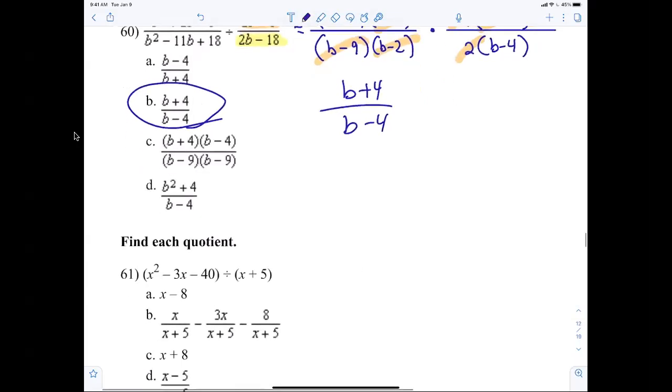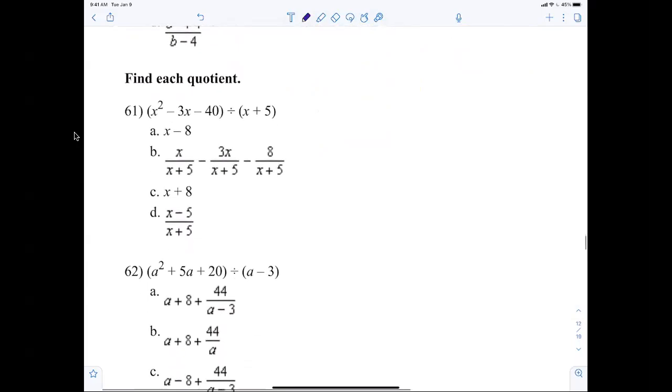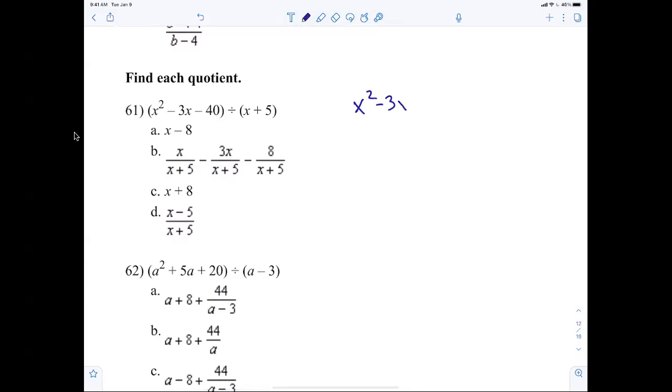Okay, so you see, factor. So it's x plus 5, x minus 8. Now, for this problem right here, you can write it as this over 1.